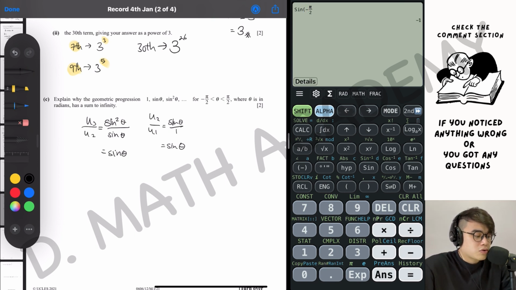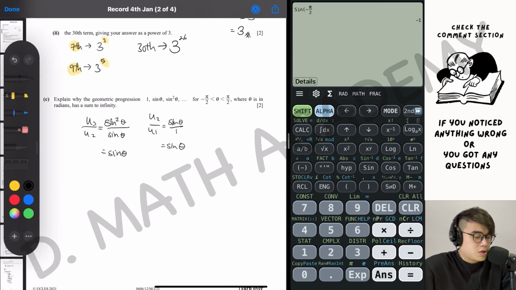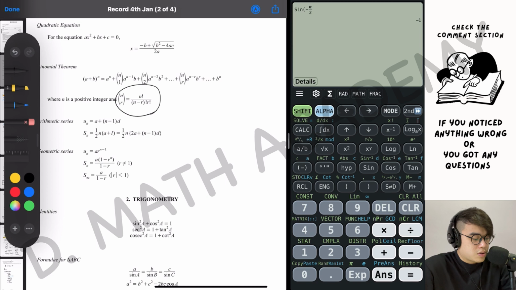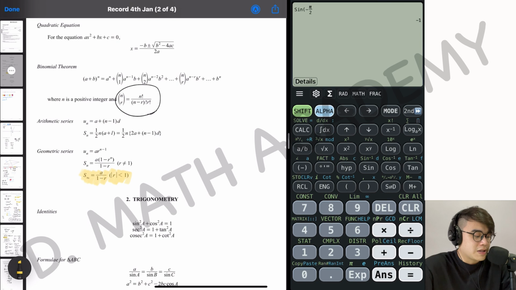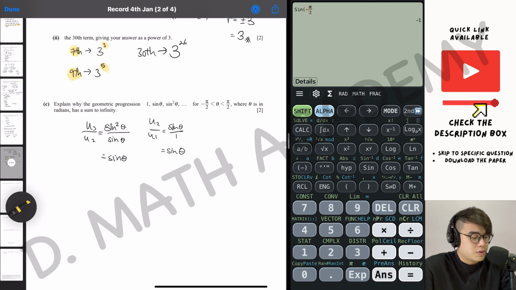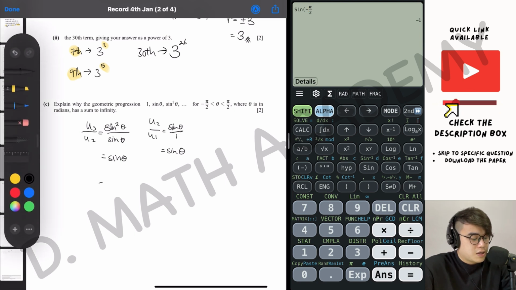So if we refer back to the formula table that we have, they told us that for it to be valid, our modulus of r must always be less than 1. So if let's say I have to test and write it down, if I say my sine theta is always 1, because when I put in pi over 2, I get 1.